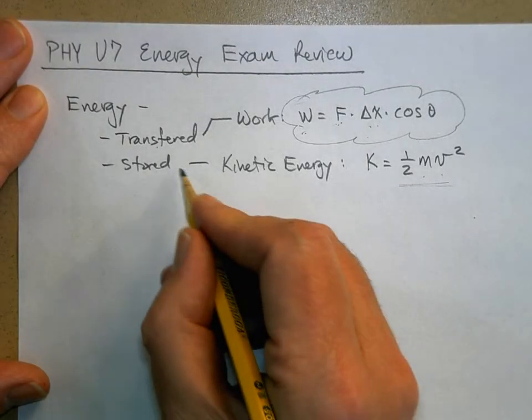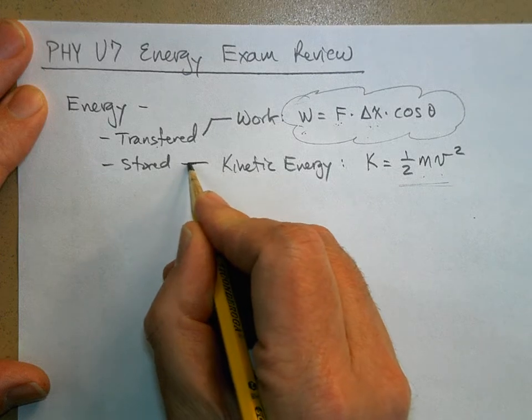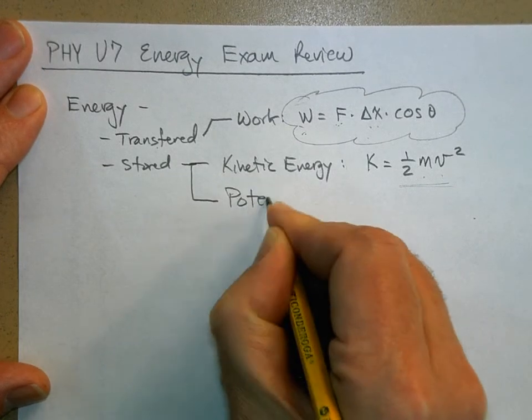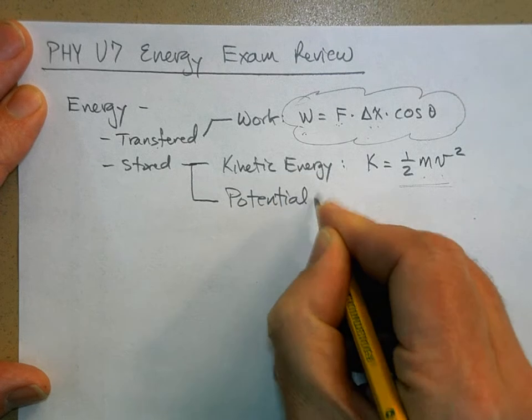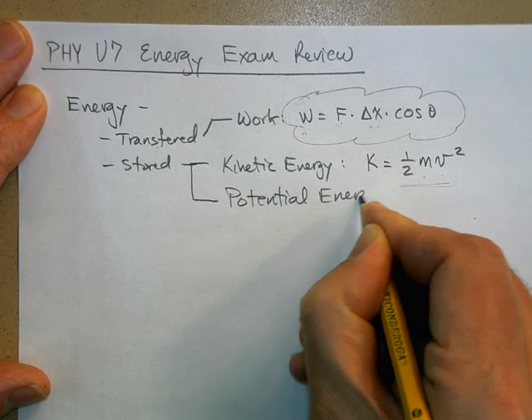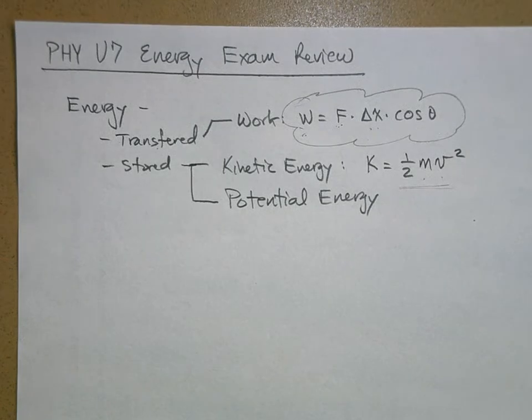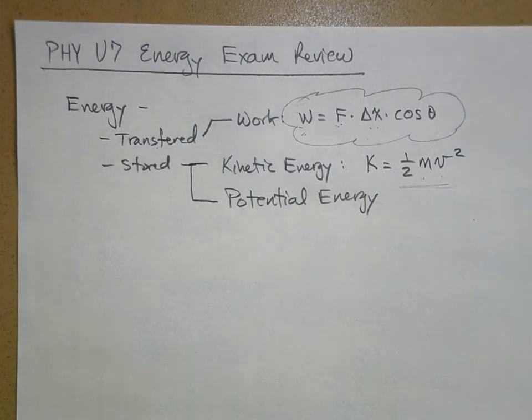Another way that energy is stored is potential energy. And we talked about several different kinds of potential energy. If I pull a bow, like a bow and arrow, I did work against this elastic material, and I can get that energy back when I release the arrow.